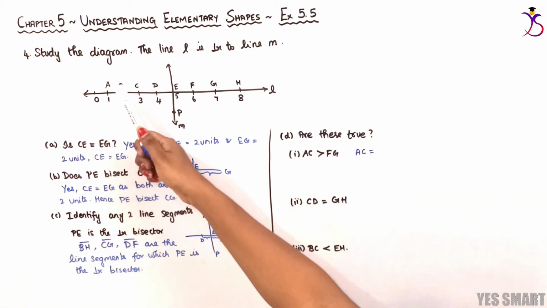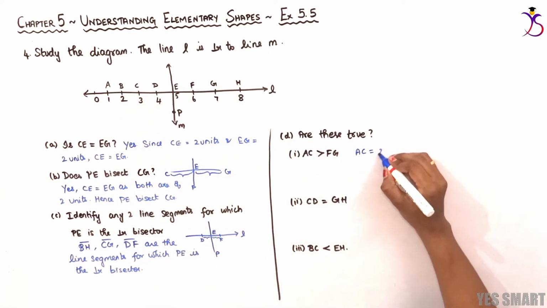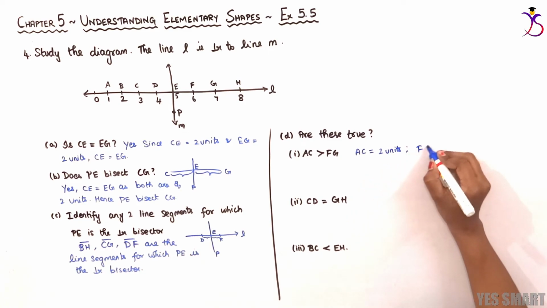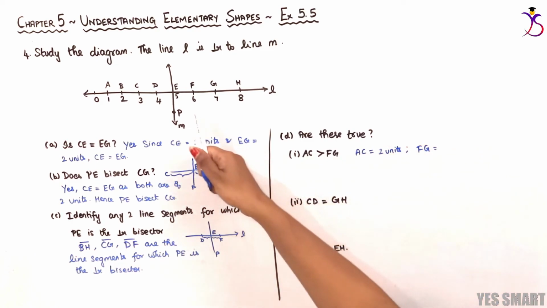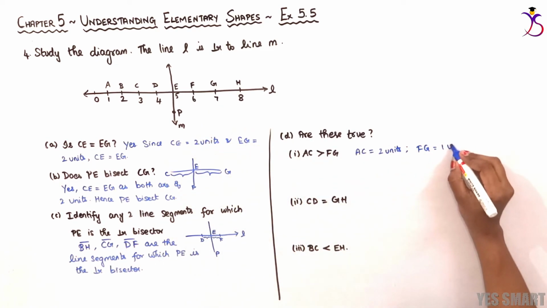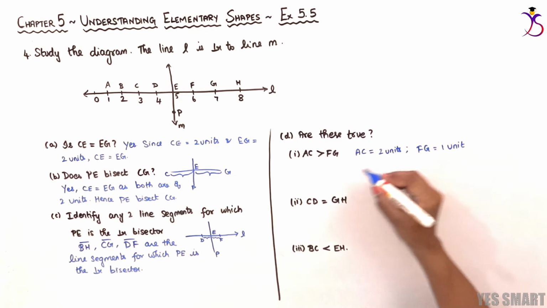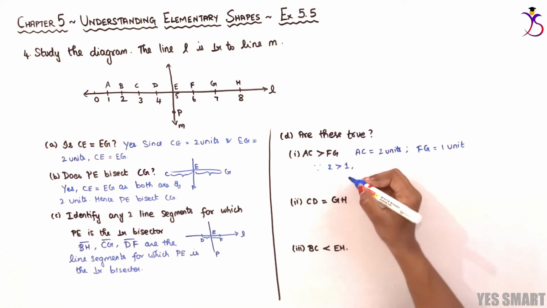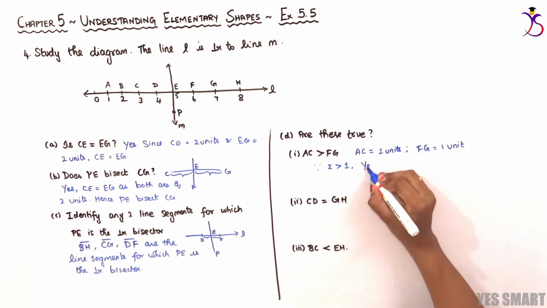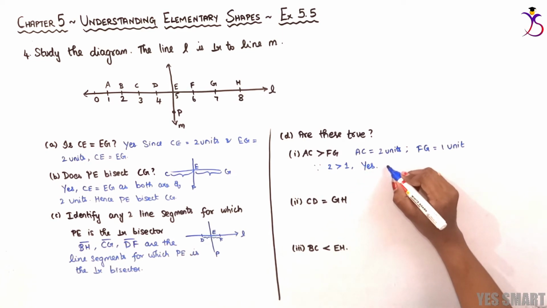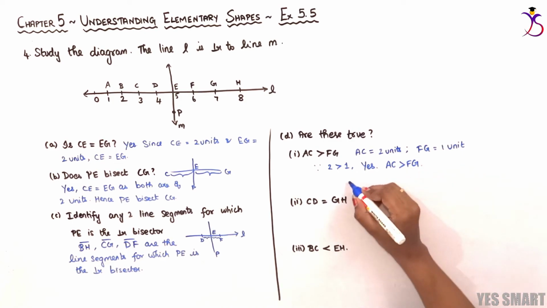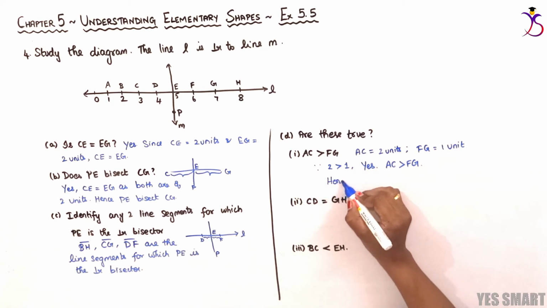So let's mark the distance of AC, 2 units. FG is 1 unit. So since 2 is greater than 1, yes, the given statement is true. AC is greater than FG. Hence, it is true.